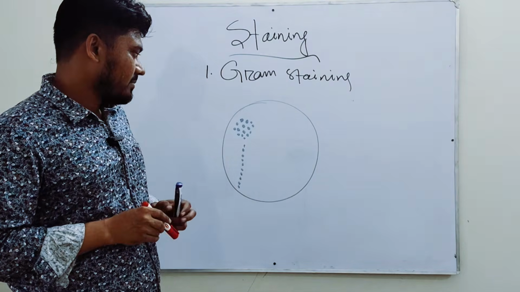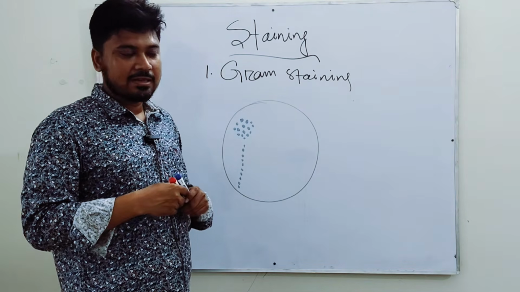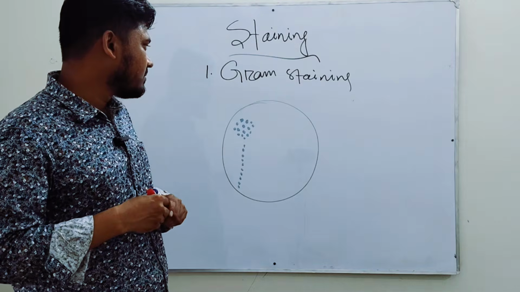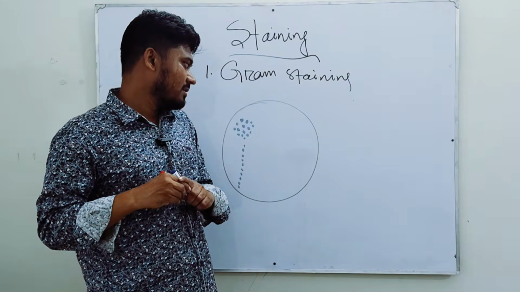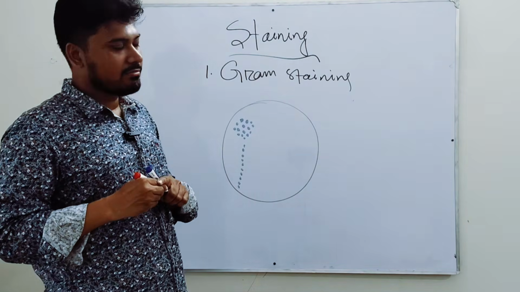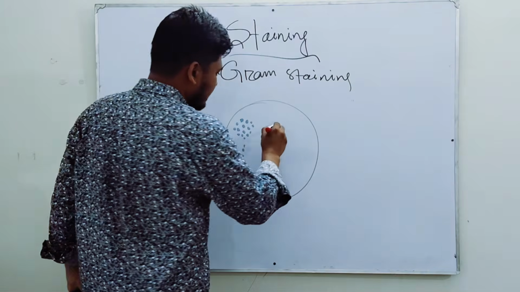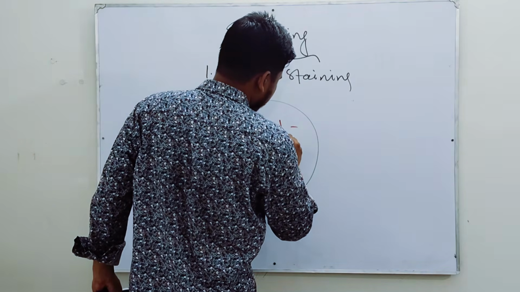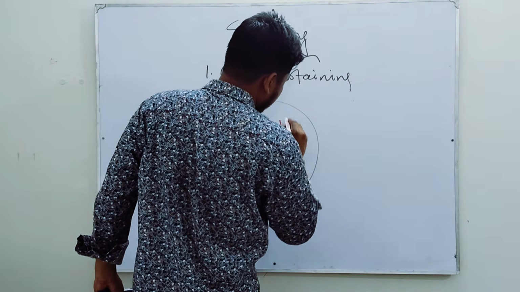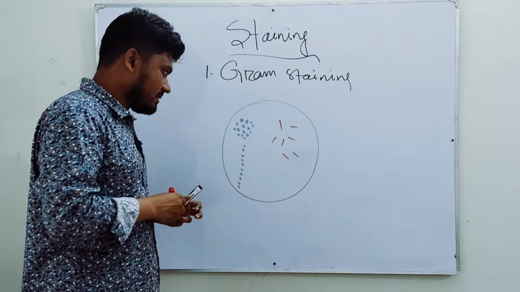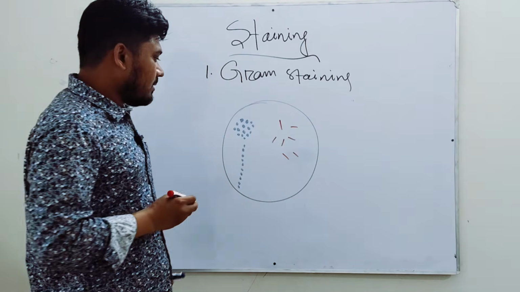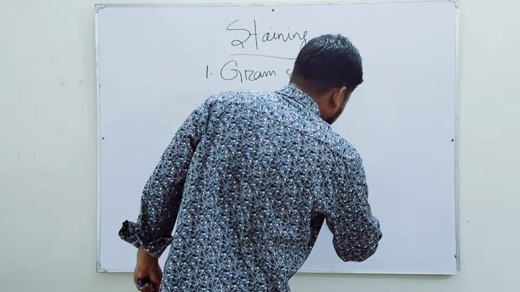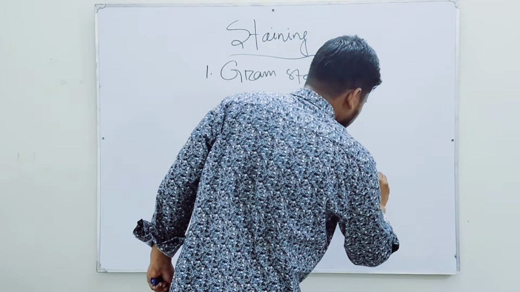the peptidoglycan layer is thin. So this peptidoglycan layer is completely decolorized by acetone, and when counter-stained by carbolfuchsin, gram-negative bacteria take red color. That's why gram-negative bacteria are red in gram staining. And in gram staining, what will be the color of background?